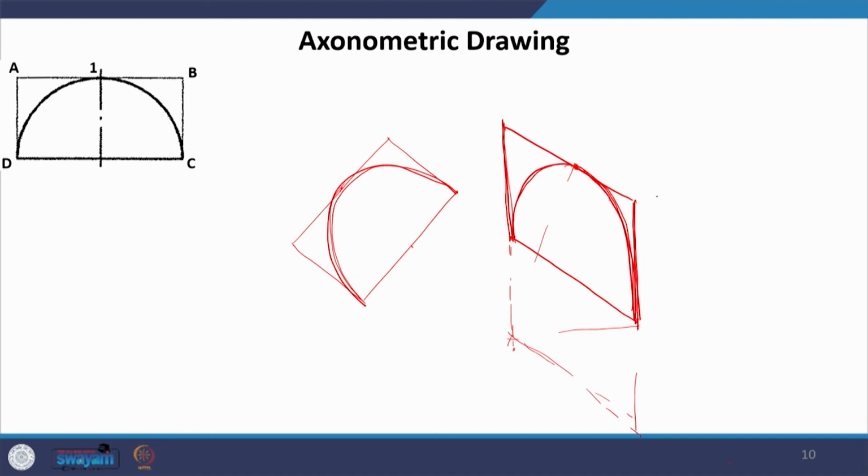We do not need to complete, we just need to arrive at the centers for drawing this. Okay. So, arriving at the centers and then drawing the curved part of this semicircle. This is how we are going to be drawing the axonometrics.